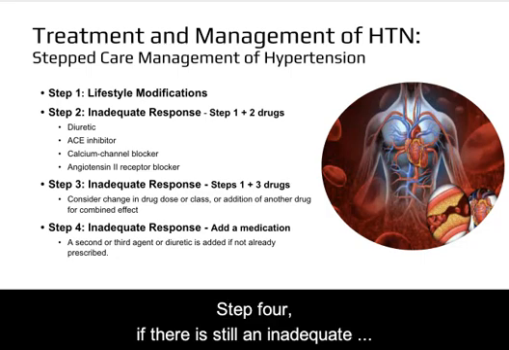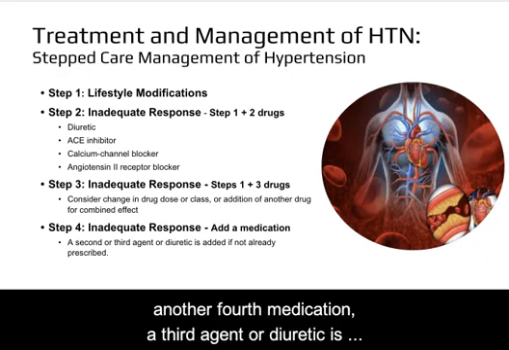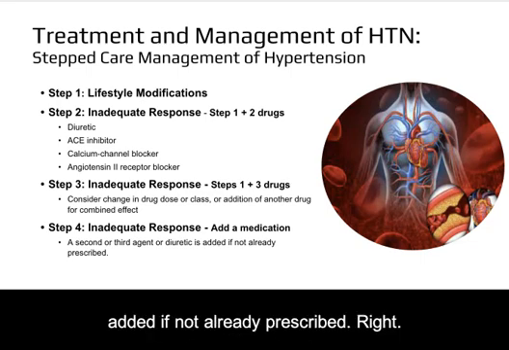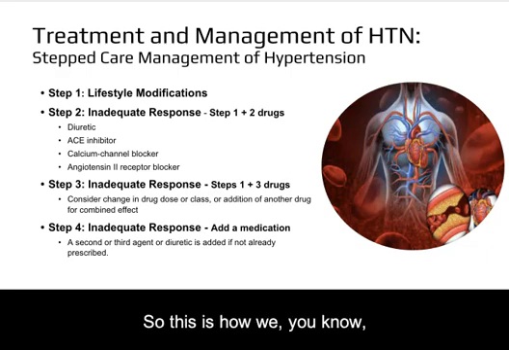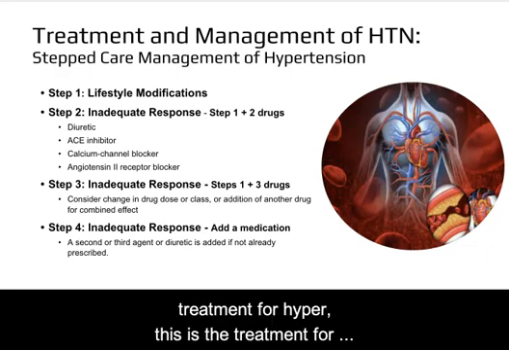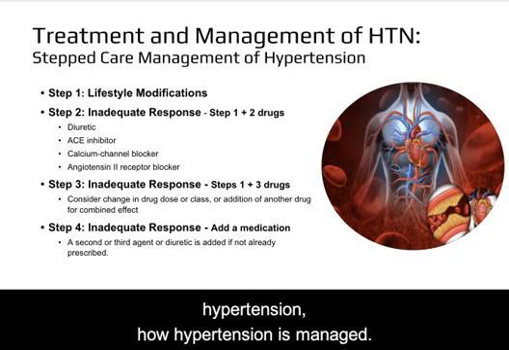Step 4, if there's still an inadequate response, then another medication is added, a 4th medication, a 3rd agent or diuretic is added if not already prescribed, right? So this is the treatment for hypertension, how hypertension is managed.